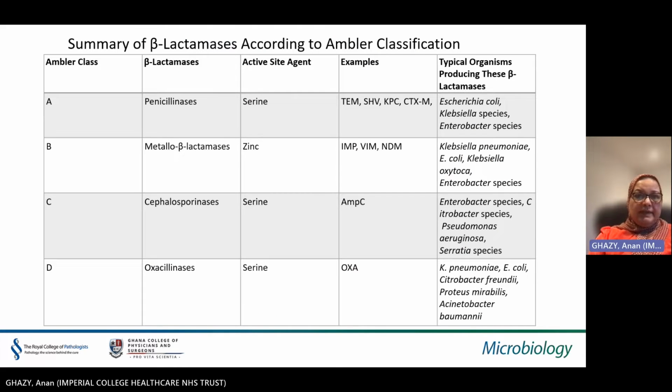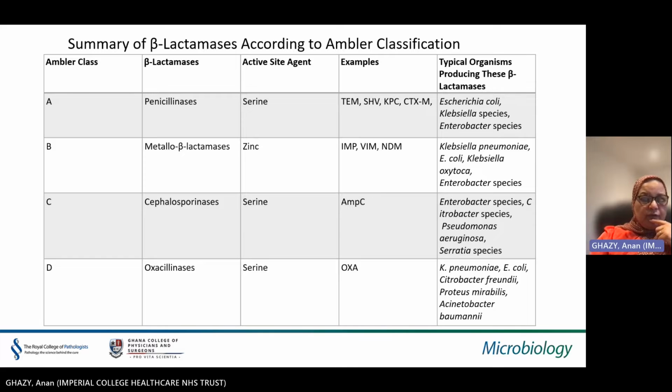This table shows the same classification, which shows which bacteria contain which class. So typical organisms producing beta-lactamases for class A are usually E. coli, Klebsiella species, Enterobacter species, while class B, which is VIM, IMP, NDM, is mainly in Klebsiella, E. coli, Klebsiella oxytoca, and Enterobacter species.